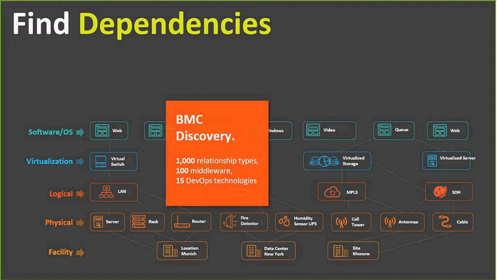And just like the patterns to recognize all that hardware and storage, they've got over 1,000 different relationship types that they understand, and they can recognize 100 middlewares, 15 DevOps technologies like Jira and those types of development tools. It recognizes that. So for most customers that we work with, a lot of the stuff is mapped after the first little bit of just doing the discovery and recognizing what's there.